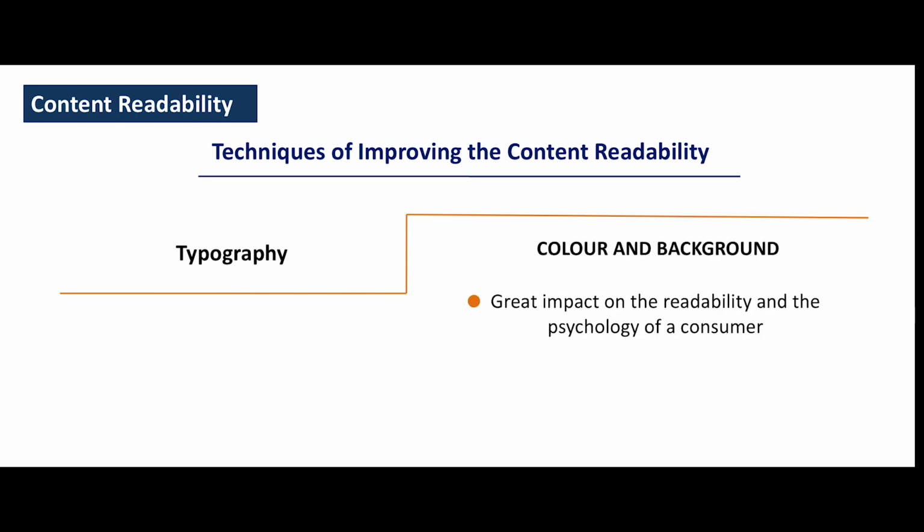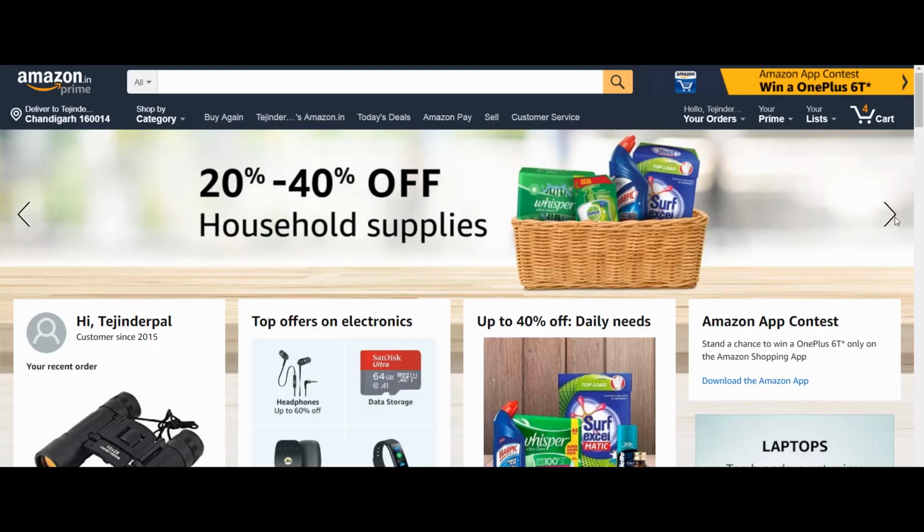Color and background. Besides font, font size, line length, the color of the font and the background has great impact on readability and the psychology of the consumers. However, using the right color of the font and background is really a big challenge. The color combination depends on types of websites that you have.